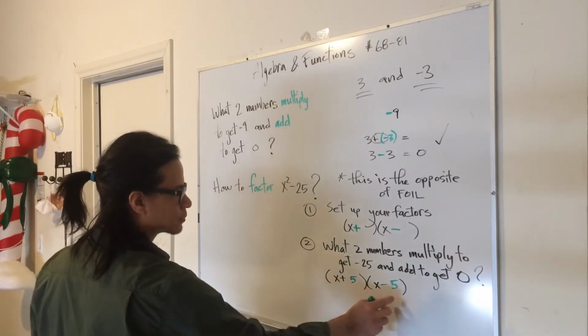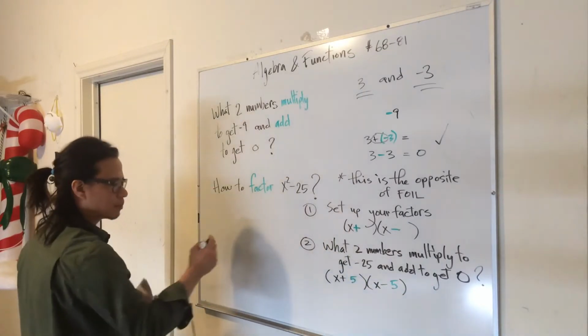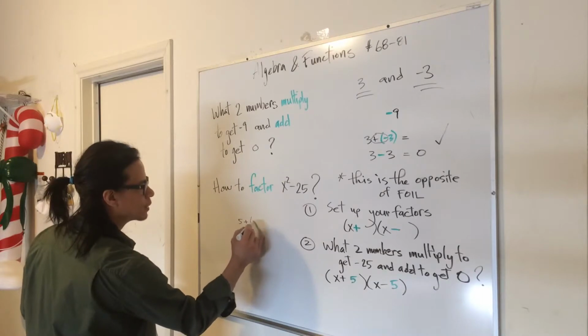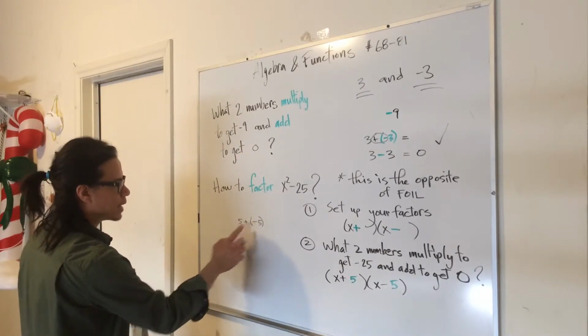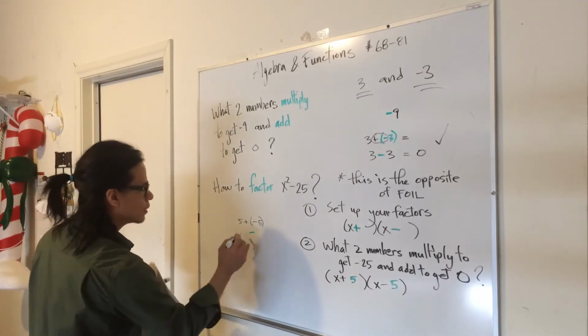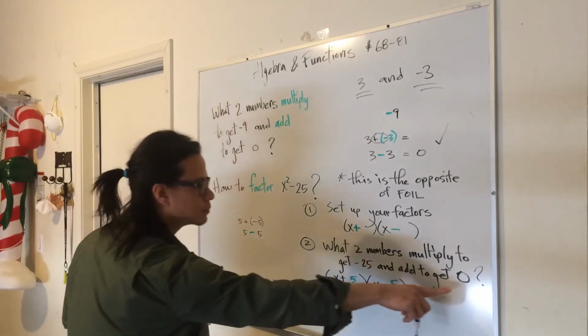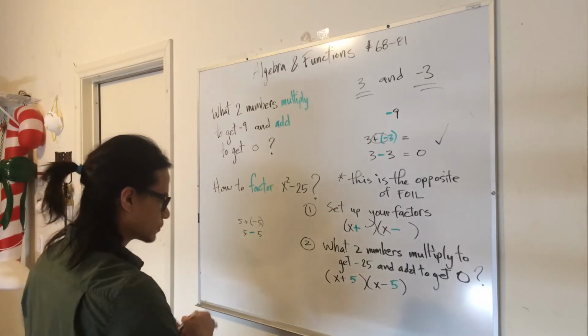Positive 5 plus a negative 5. Remember, a plus and a minus become minus. So here we have 5 minus 5. We do get 0. So this would be a nice solution for us.